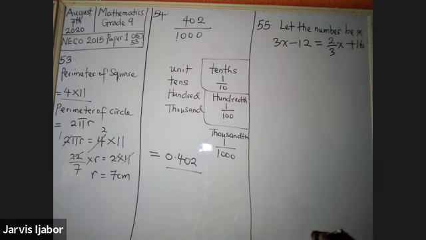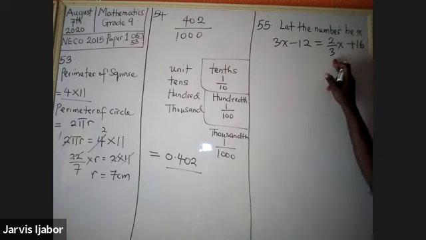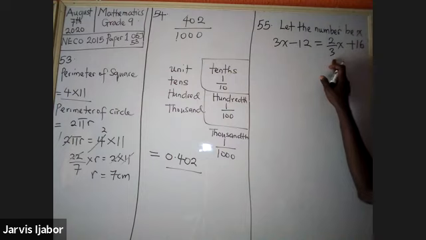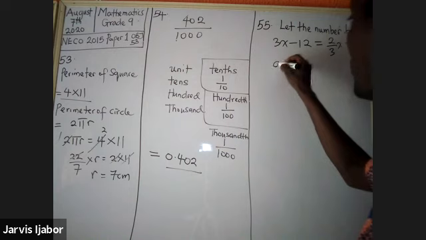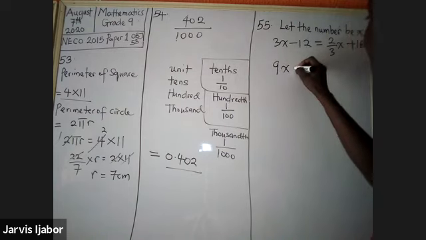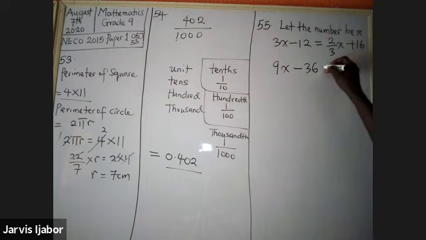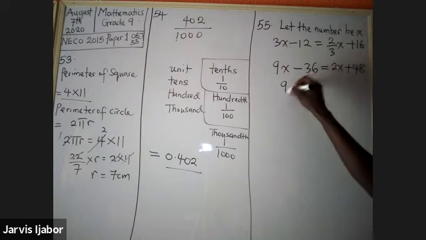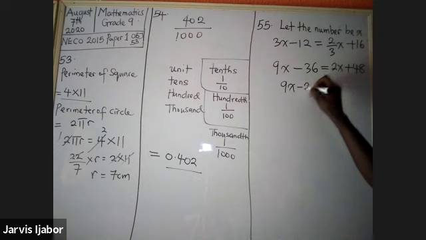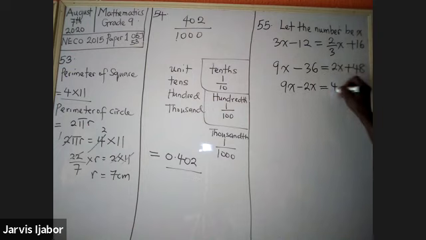What do you do from here? You multiply through by 3 because we want to clear this fraction part. So that will give you 9x minus 36 equal to 2x plus 48. So this will give me 9x minus 2x equal to 48 plus 36.